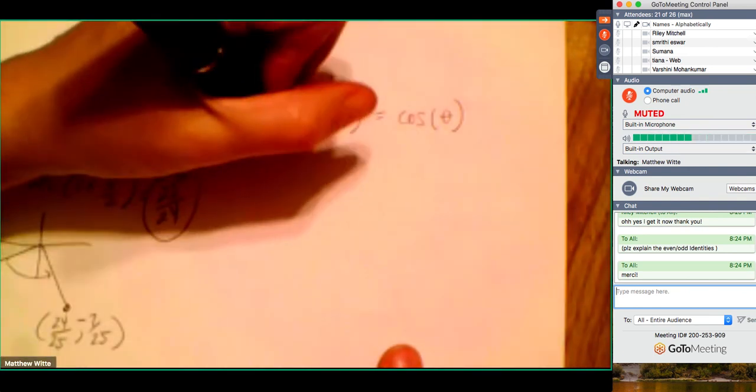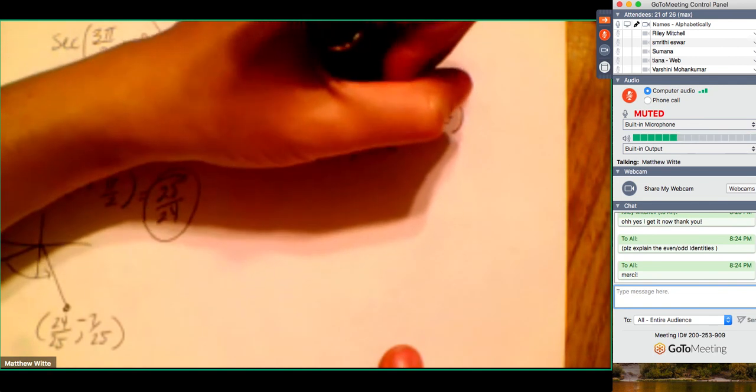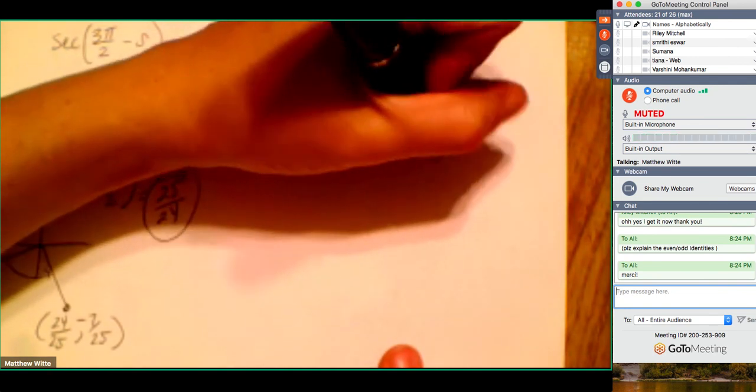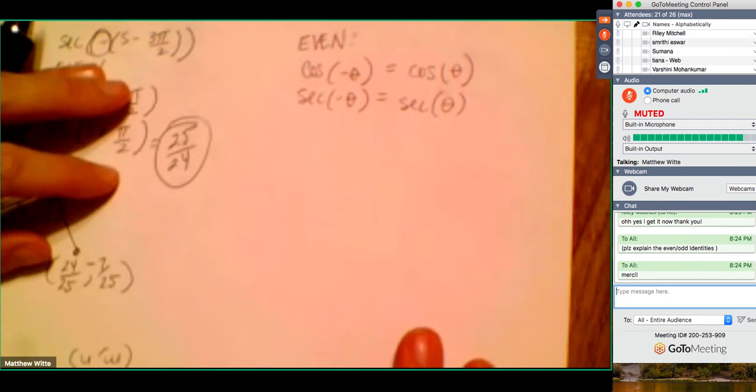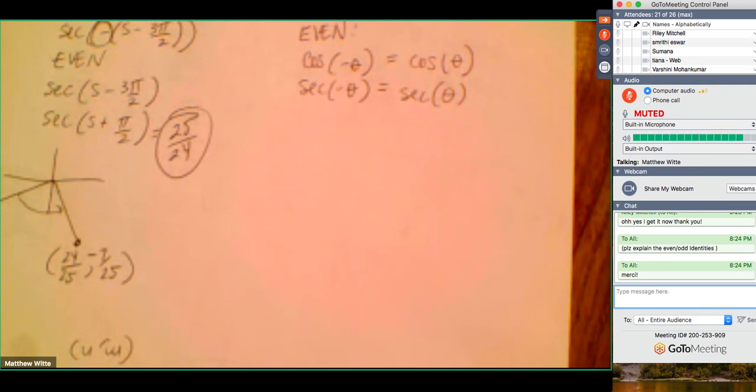And secant is the same way. Your other four identities are odd identities. I kind of gave you a visual of it, because the proof is a more algebraic proof. I think they use the sum and difference formulas, and we don't know those yet.